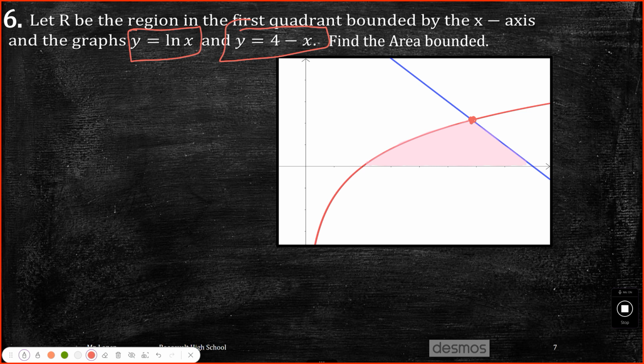Go to menu, analyze graph, intersection, and then enter. Move it, enter. I am getting 2 point, what are you getting?